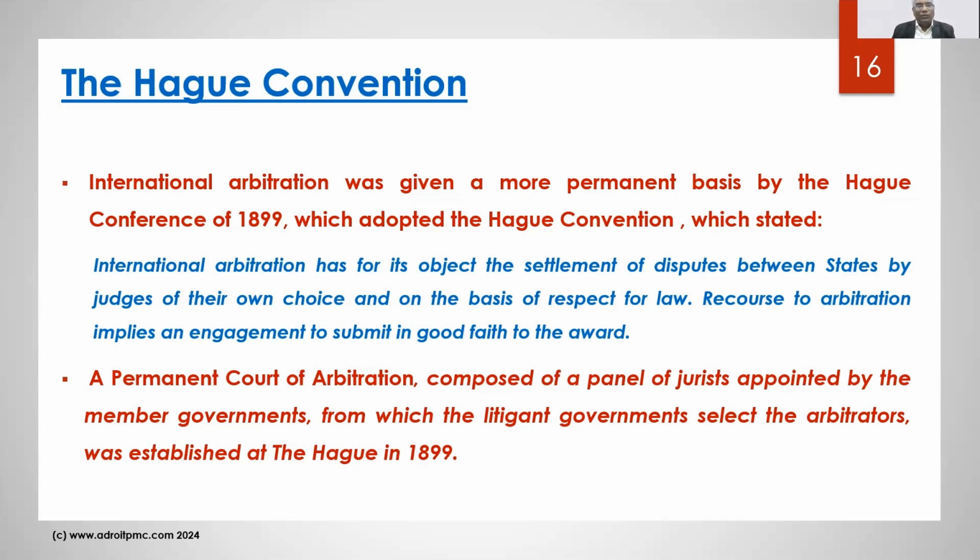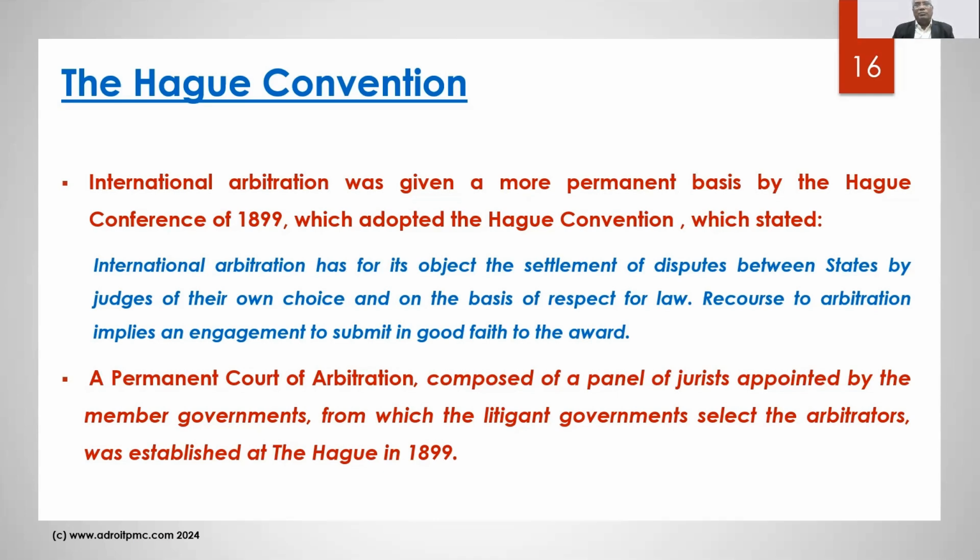International arbitration was given a permanent basis by the Hague Conference in 1899. It adopted the Hague Convention, which stated that international arbitration has for its object the settlement of disputes between countries by judges of their own choice and on the basis of respect for law.